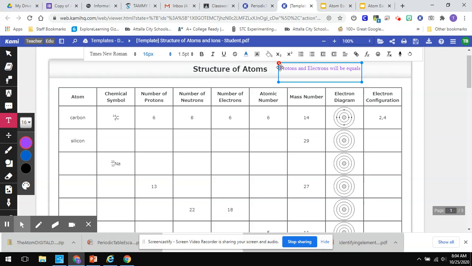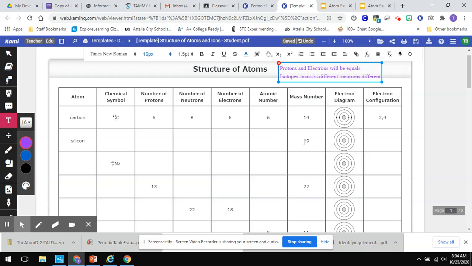The thing that might change in this is you're going to have some isotopes, and with an isotope, the mass will be different. It's going to be different from the mass that's on the periodic table, and that's going to end up making your neutrons different. So that's the only thing that changes is the mass number, and therefore the neutrons changing.